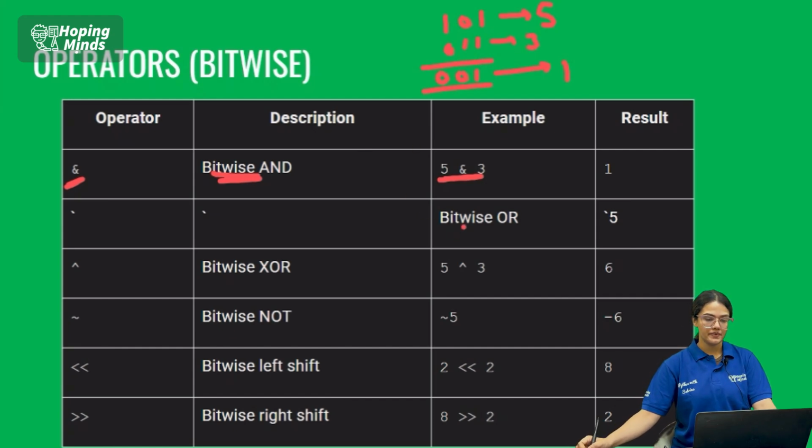Similarly, if I talk about the bitwise OR, I think there's a bit of an error here. Just try to do the same thing for the OR. All of these ones will be true and you will have the final answer, which will be 5. Sorry, let me show you how.